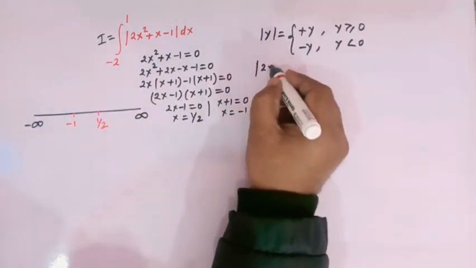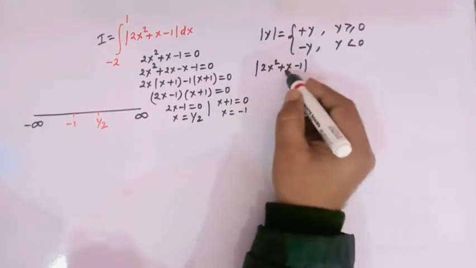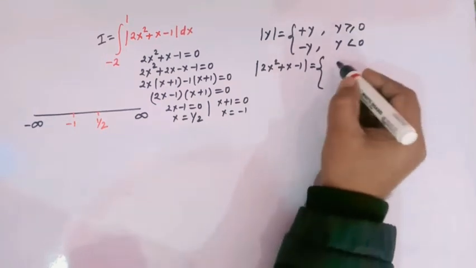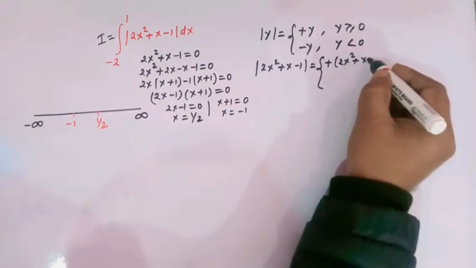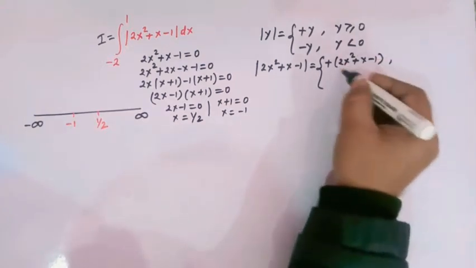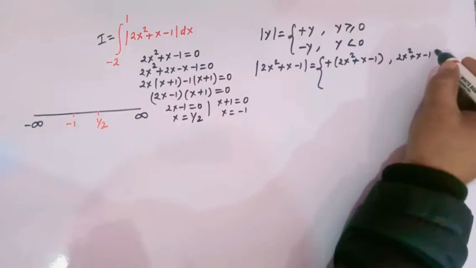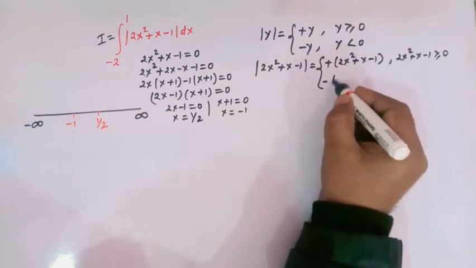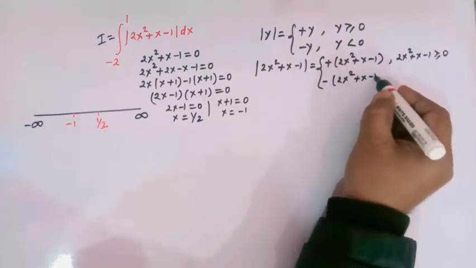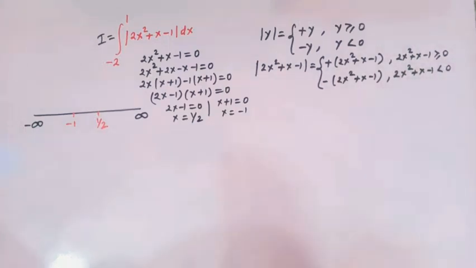So the absolute value of this quadratic expression can be written as +(2x² + x − 1) whenever 2x² + x − 1 ≥ 0, and similarly −(2x² + x − 1) whenever 2x² + x − 1 < 0.